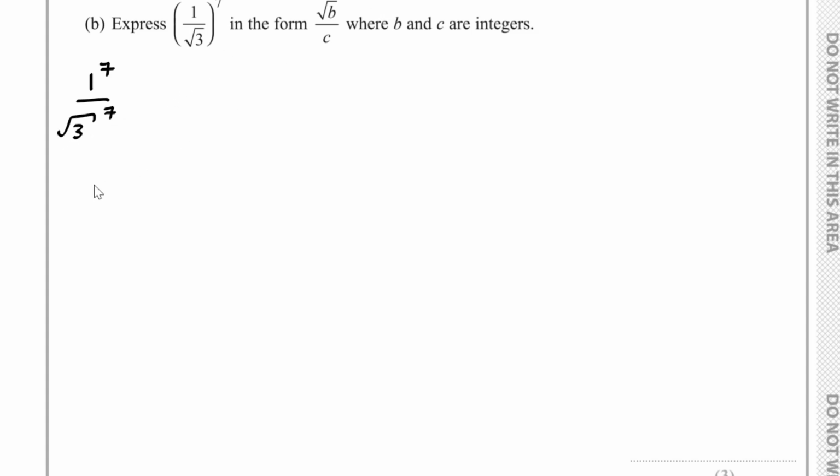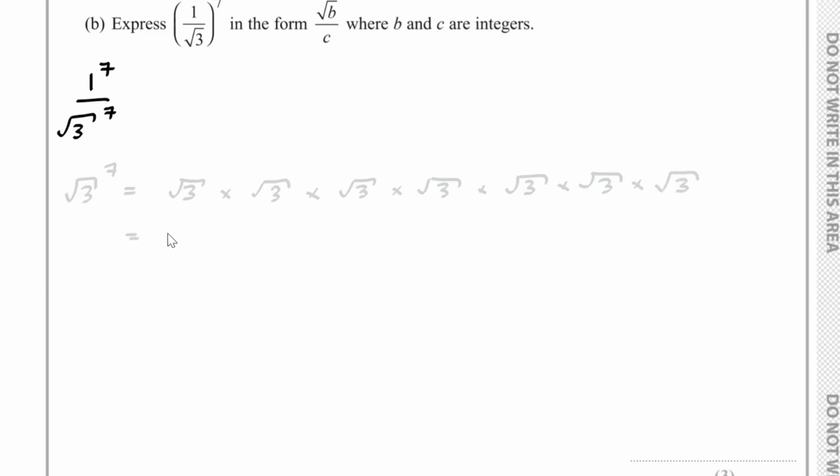Now root 3 to the power of 7, let's just work this out on the side. Root 3 to the power of 7, that's equal to root 3 multiplied by itself 7 times. Okay, so we've got root 3 times root 3 times root 3 times root 3 times root 3 times root 3 times root 3.